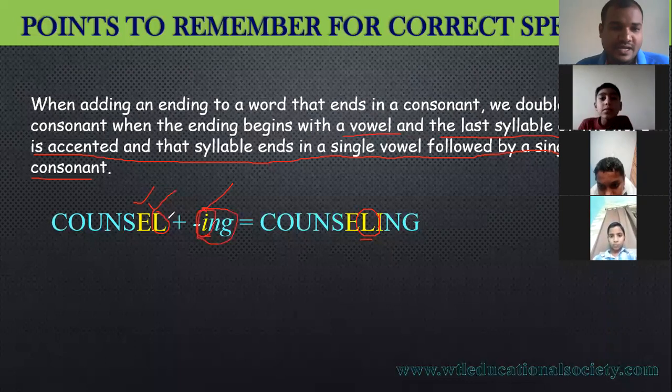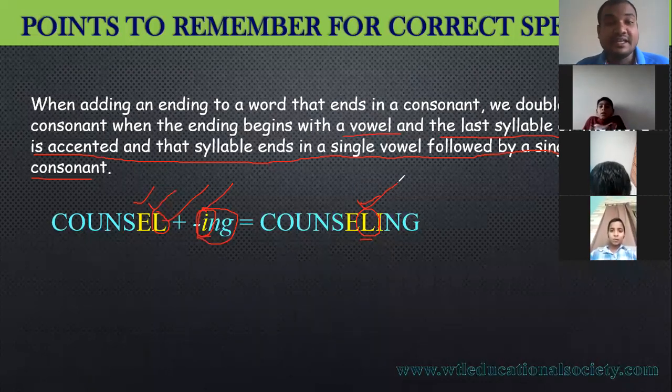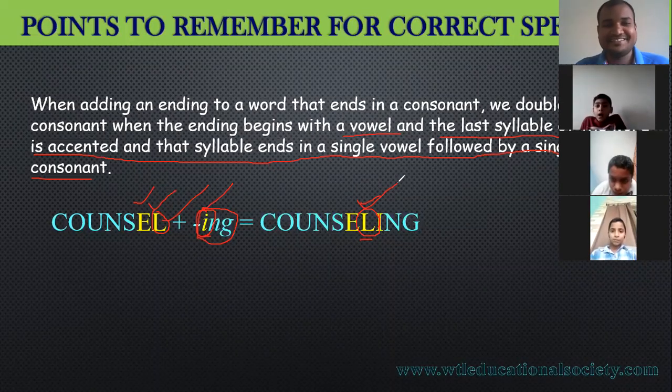We are supposed to double L, correct? We are supposed to double the last consonant, but here we did not double the letter. In the previous examples we doubled, but here we did not double. Why?